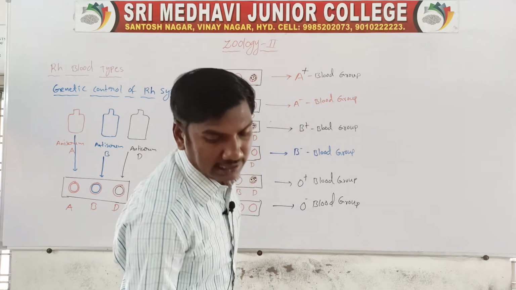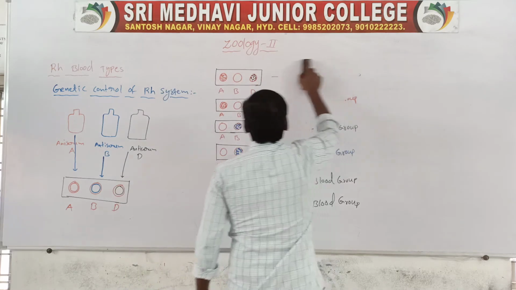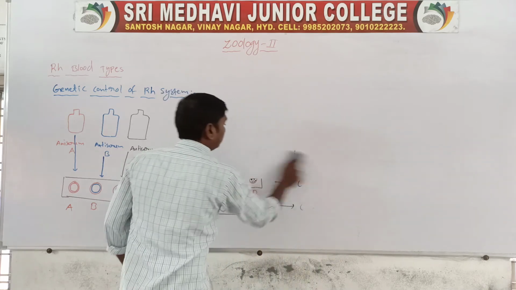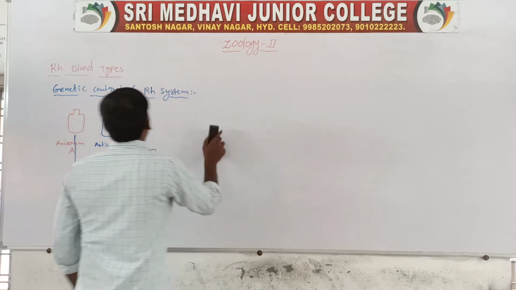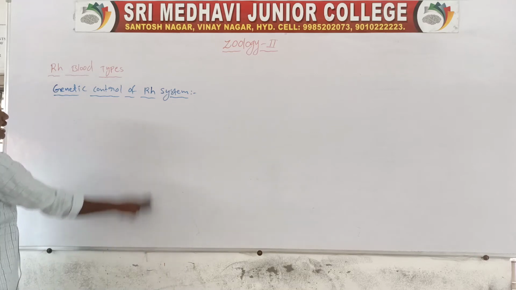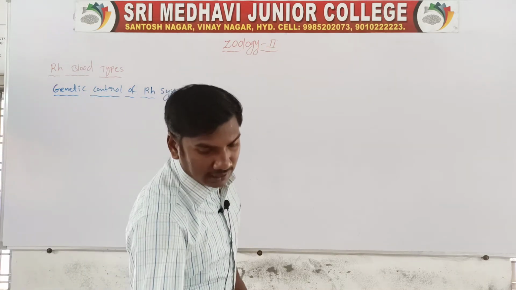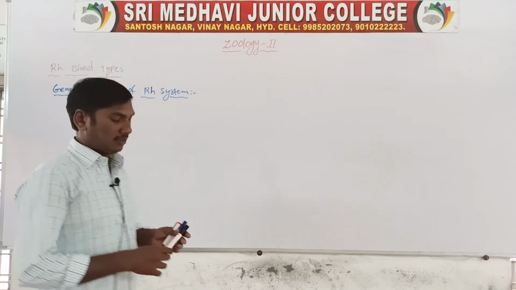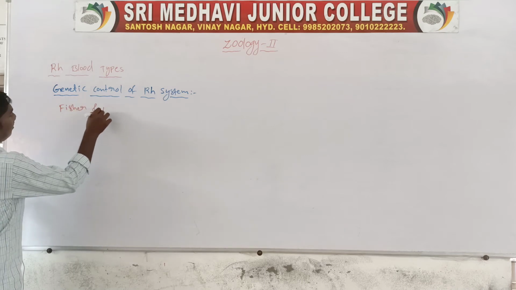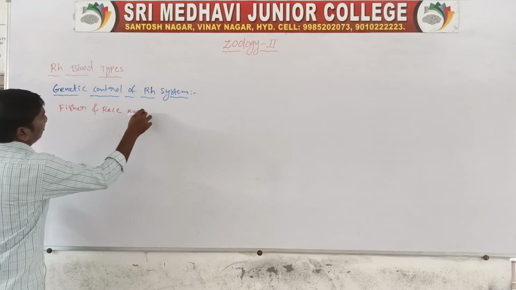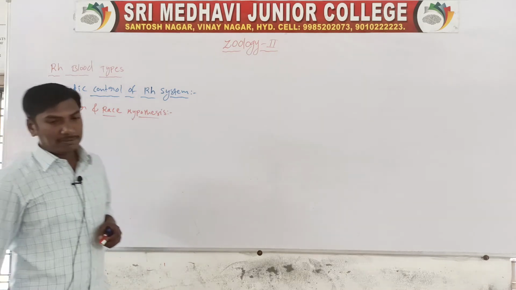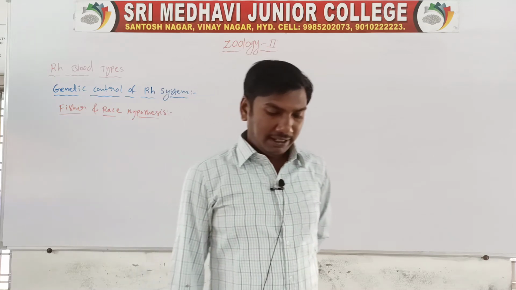Next, genetic control of the RH system. There are two hypotheses for this: one is the Fisher and Race hypothesis, and the second is the Wiener hypothesis.